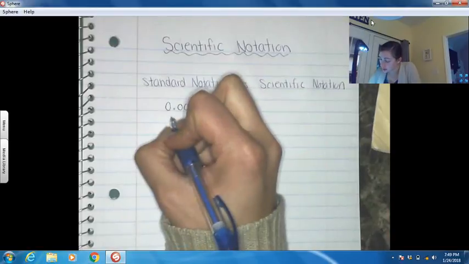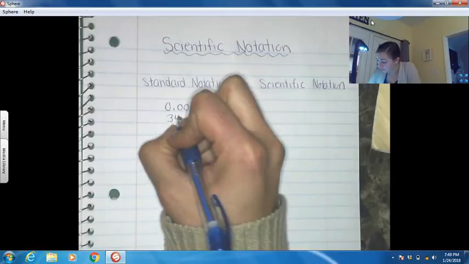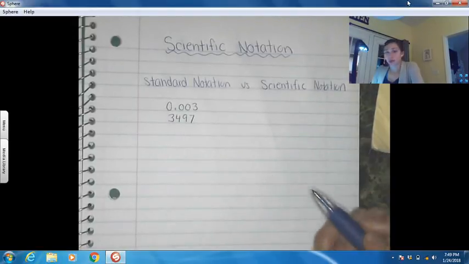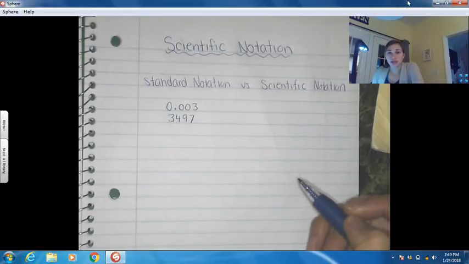Another example would be 3497. Both of these are examples of numbers in standard notation. They're the way that you have been taught to write numbers all along. What we want to do is convert these into scientific notation.